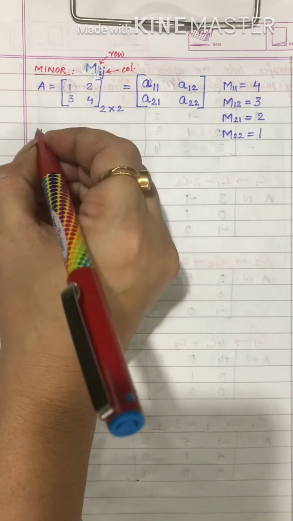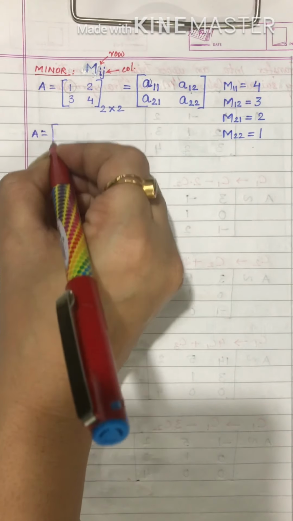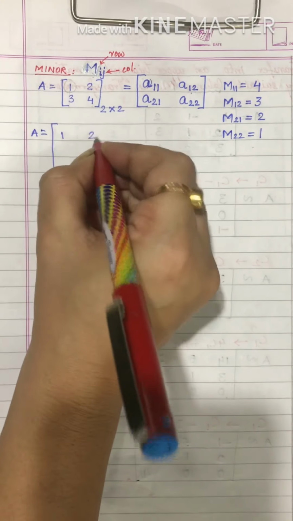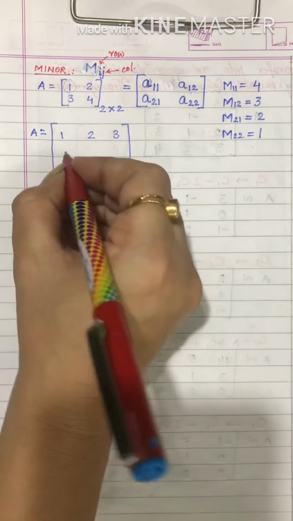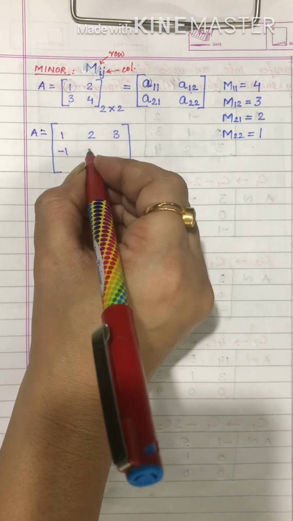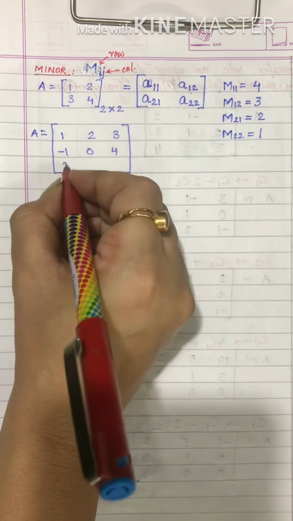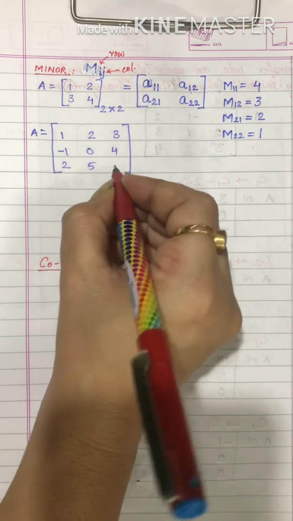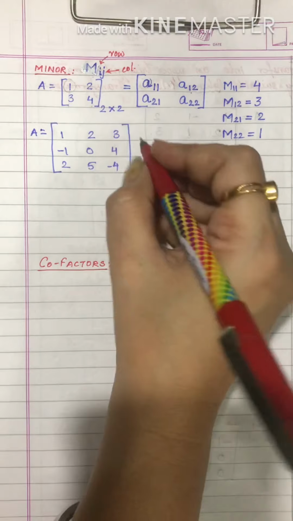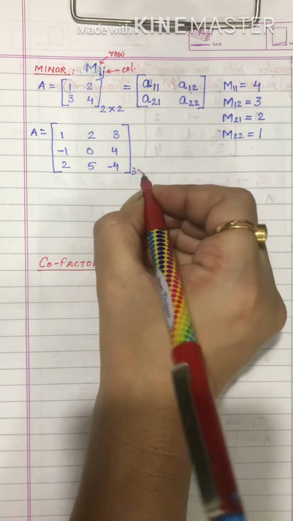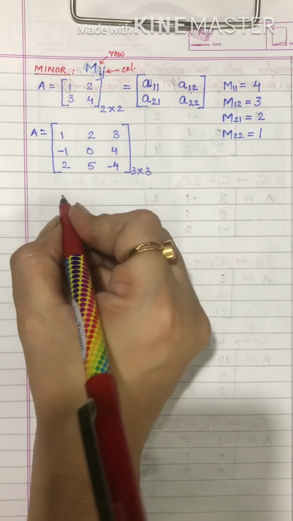It's very easy. Now I take a matrix of order 3 by 3. I will not solve the full one because this is just a revision sort of. Let's see how to find minor for a 3 by 3 matrix. I'll just give an example here.